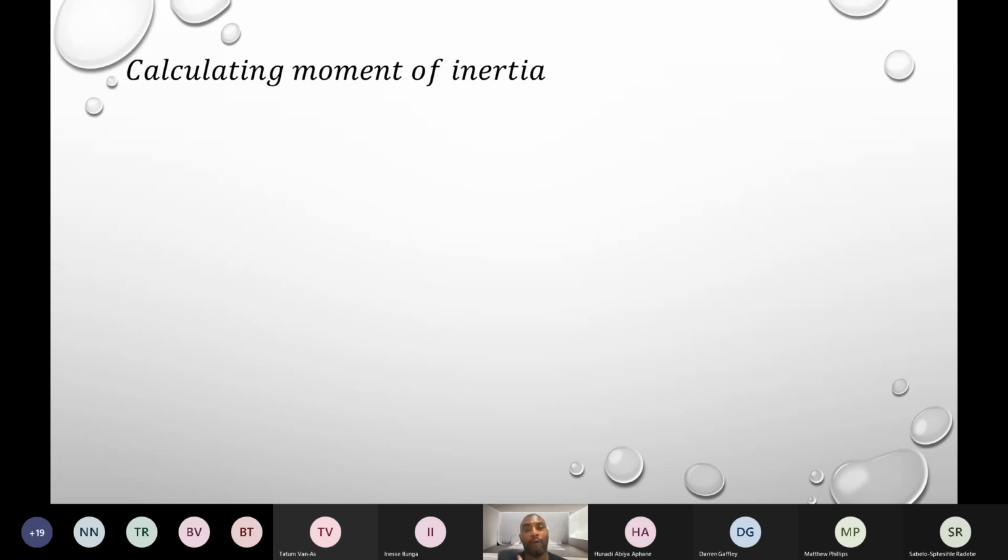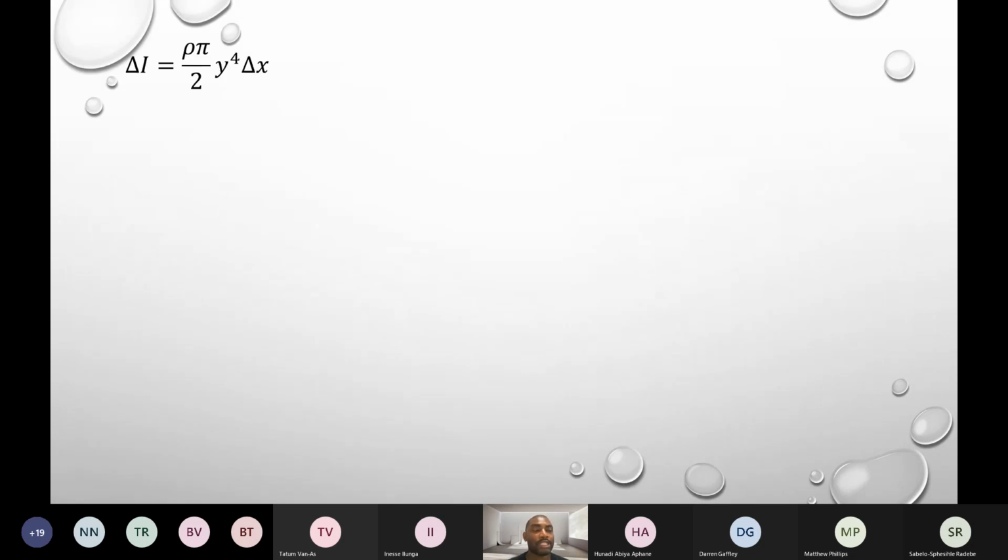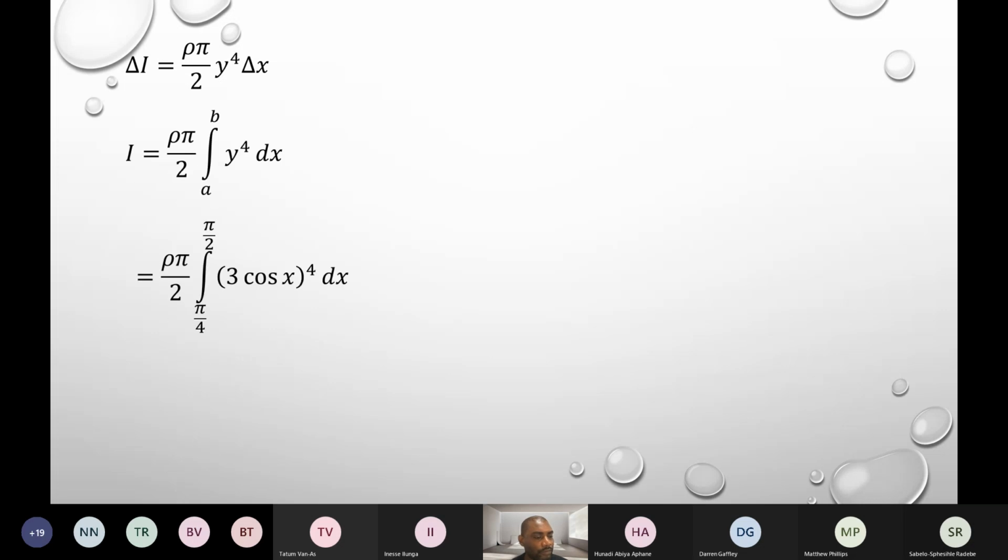So we're now calculating moment of inertia. Okay, remember I showed you the formula already, but I'll show you again just now. So that's our formula for moment of inertia. If you look at this, we replace y with 3 cos x.